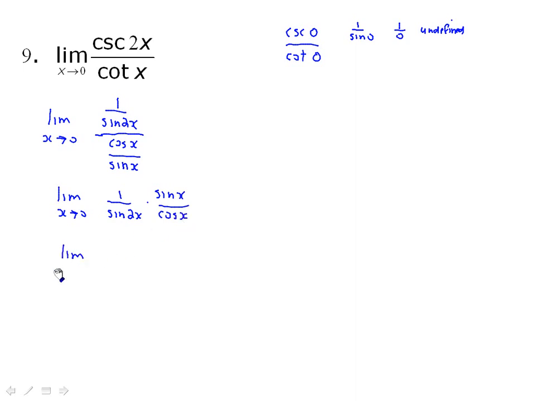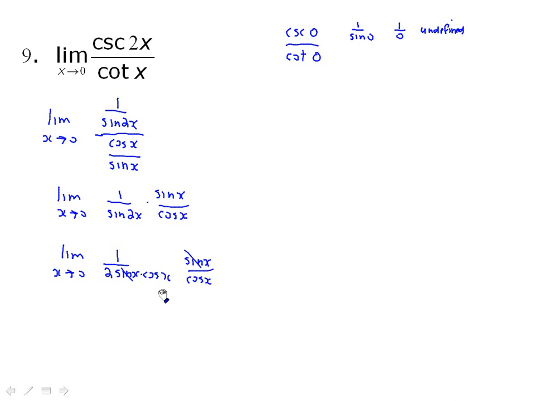We're going to have to do a double angle on this one. So this becomes 1 over 2 sine x cos x multiplied by sine x over cos x. And we get what we wanted. The sine x goes away on us.